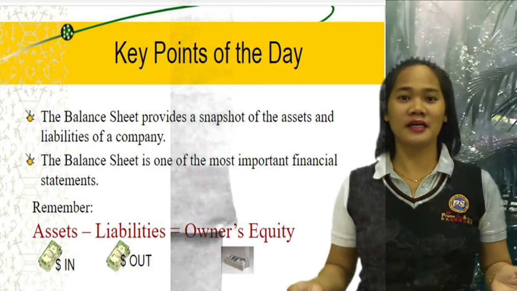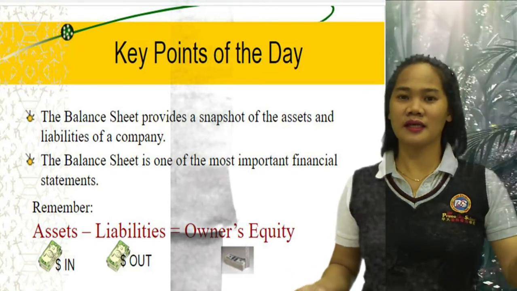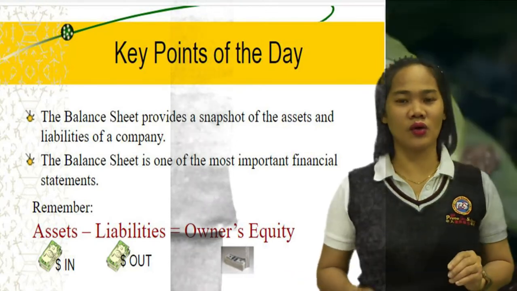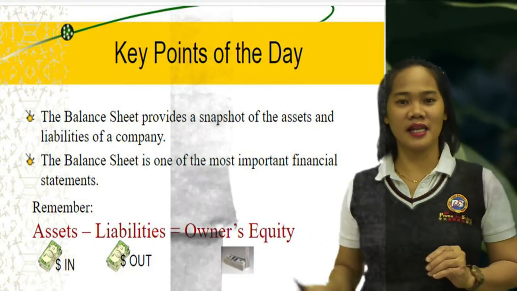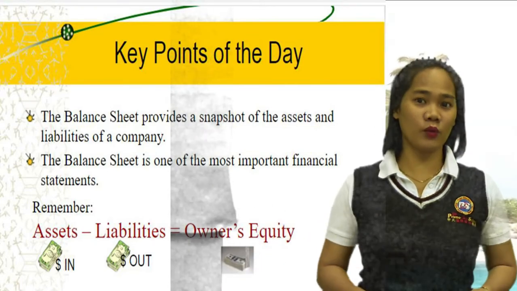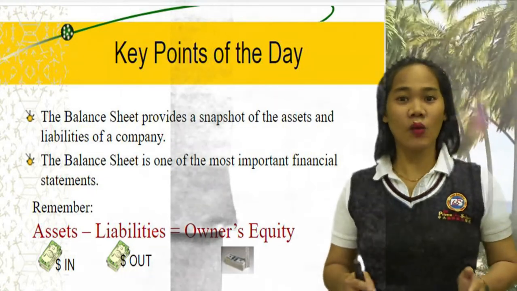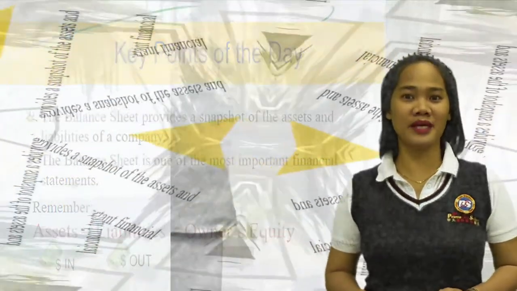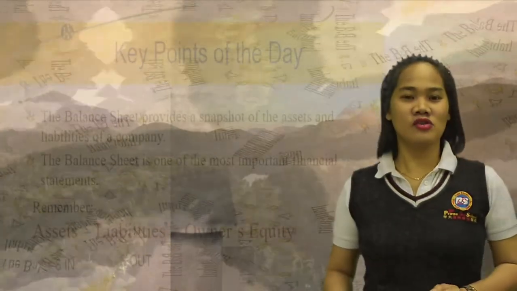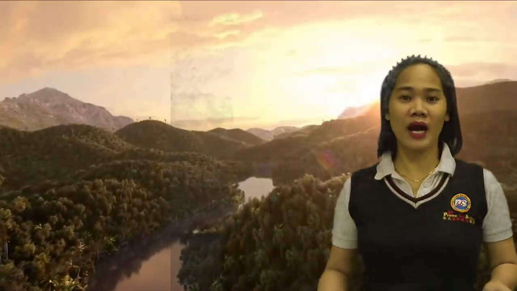So again, the accounting equation: capital equals assets minus liabilities. And how are we going to find our assets? Assets equals capital plus liabilities. So that's all for today for our balance sheet topic.